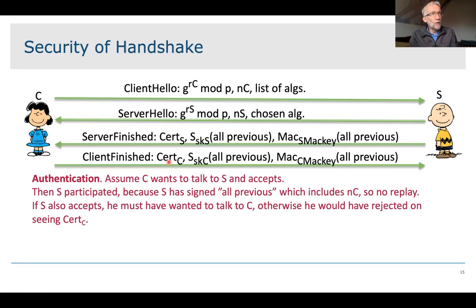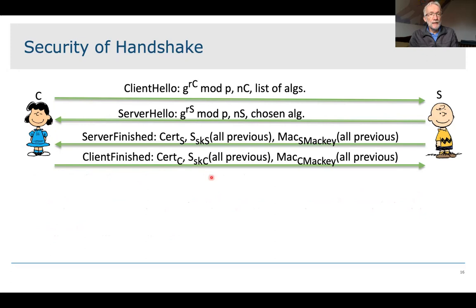If S would see the wrong identity in the certificate, then of course he would reject and say, that's not who I want to talk to. Then we have a symmetric argument. If we see things from the server point of view, we can run essentially the same argument to show that the client must have been out there, and if the client accepts, it is because he really wanted to talk to me.